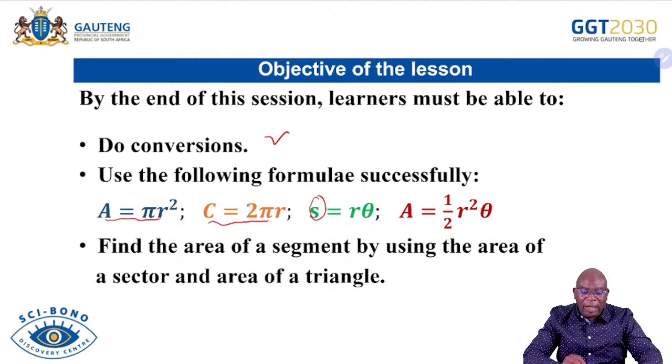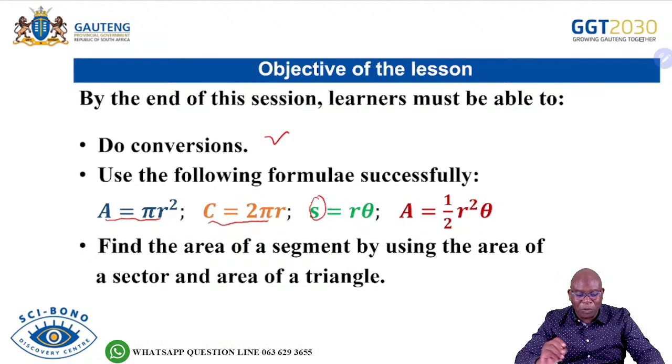The S here is the arc length. So the S stands for the arc length of the circle, the R is for the radius, and the theta is for the angle in radians. Remember, in circles, angles, and angular movement, we're working with radians.